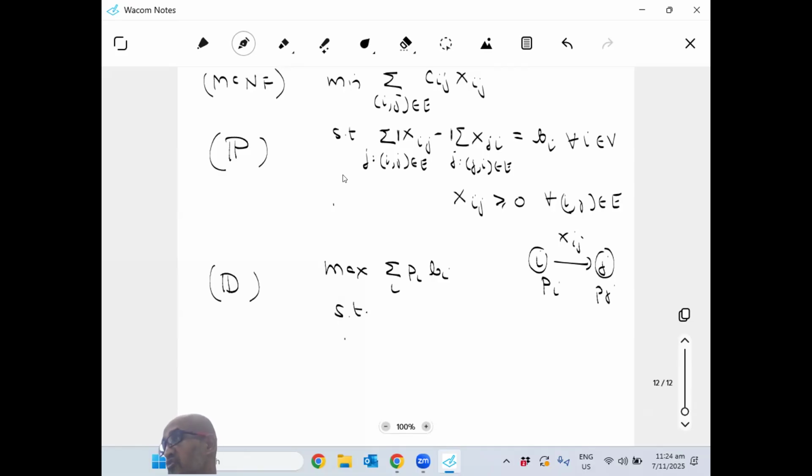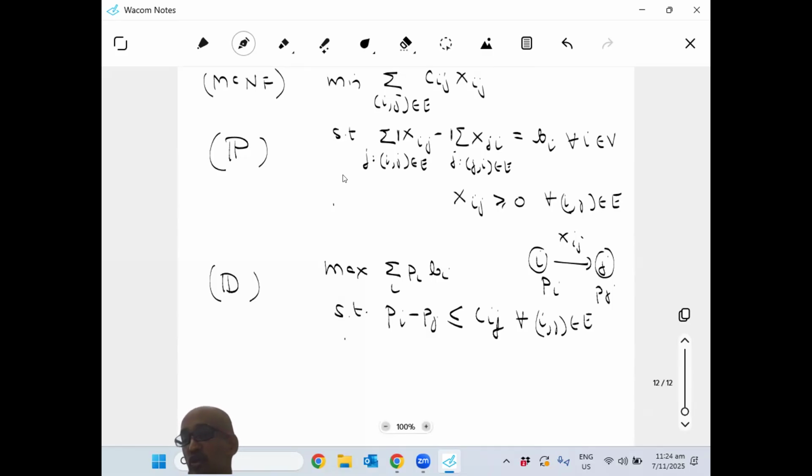It will show up with a positive sign for node i, and with a negative sign for node j. So it will be pi_i minus pi_j, less than or equal to c_ij, because this is a maximization, whereas minimization would be greater than or equal to 0. This is the dual for the minimum cost network flow problem.